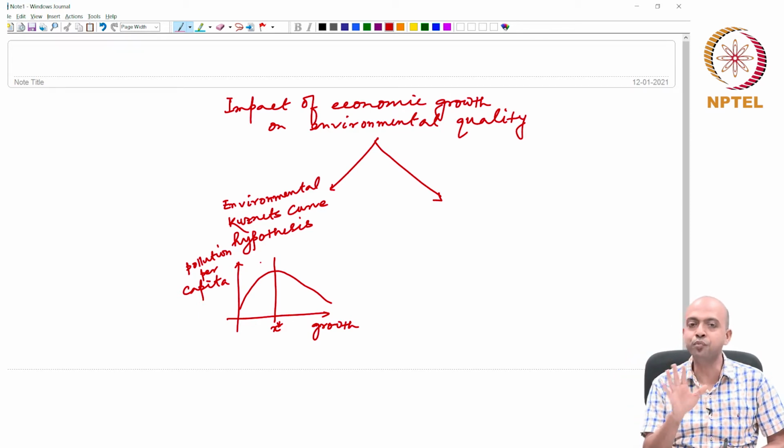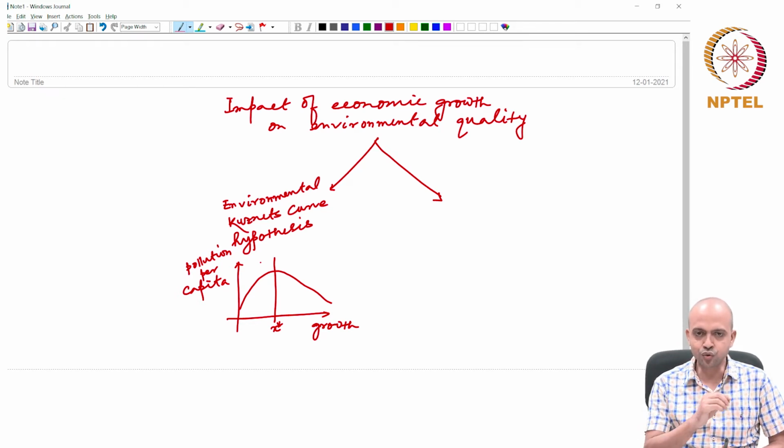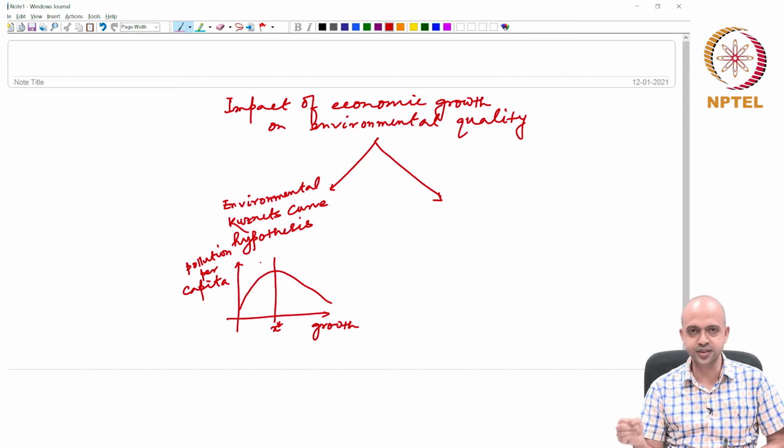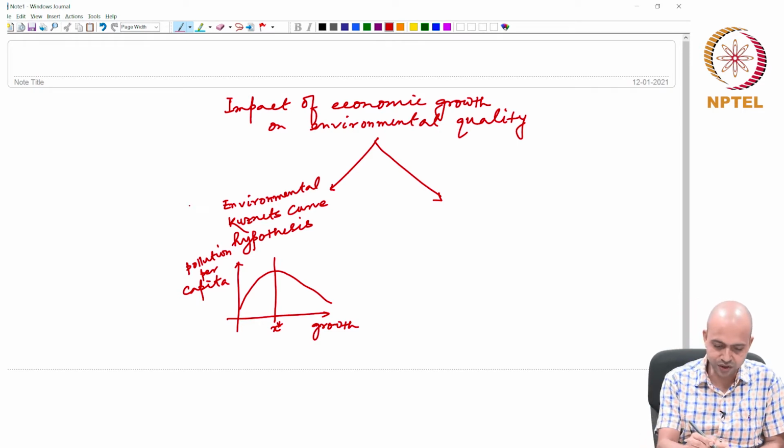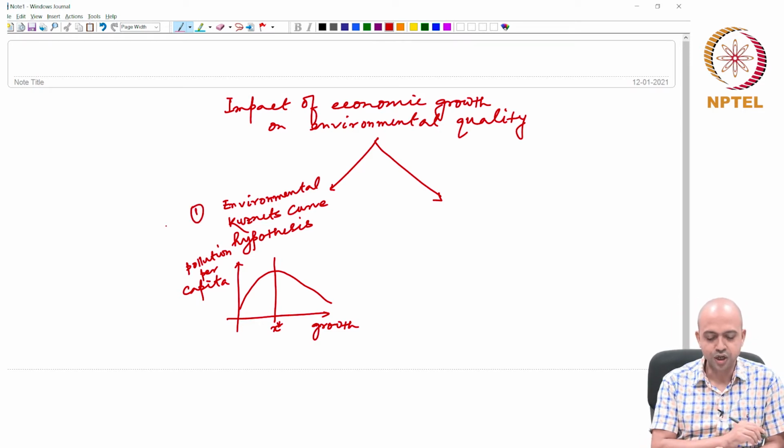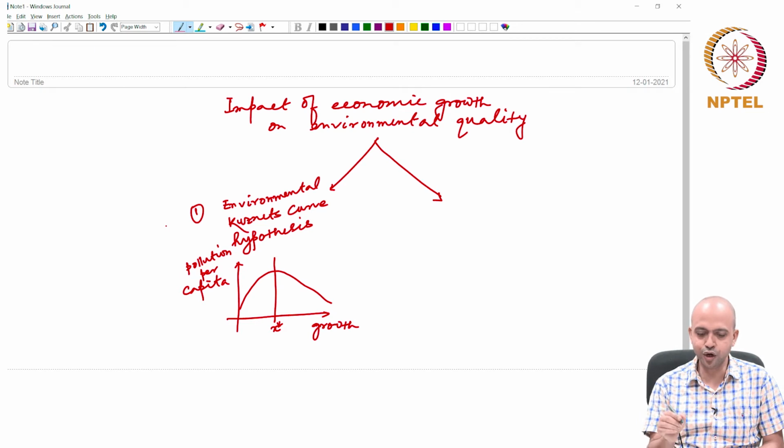When you start growing, you concentrate only on growth, and then growth itself will take care. So growth is basically a cure, not a cause, for environmental degradation. This is supported by the environmental Kuznets curve, or EKC, hypothesis.